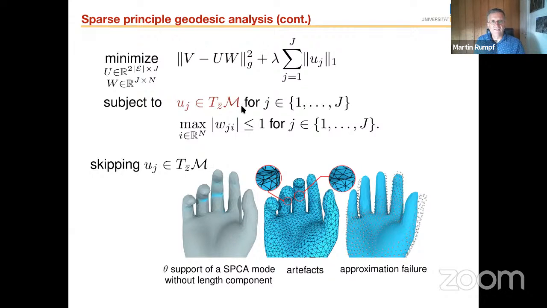And if we don't impose this, then we locally see immediate chaos in the triangulation, overlaps, and irregularities. And we see a strong loss in the approximation quality. That means this geometric nature of these variations, being in the tangent space of the Fréchet mean, is indispensable.